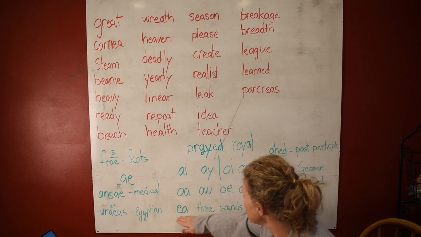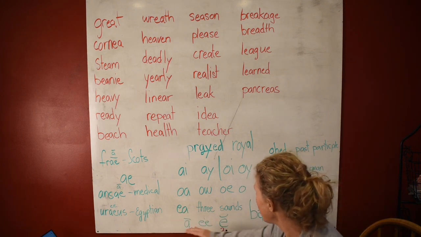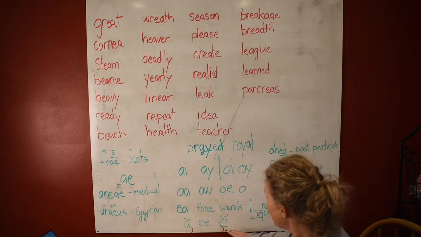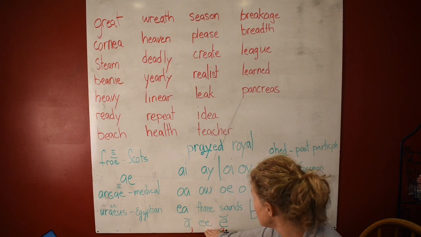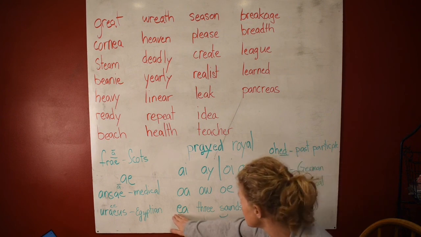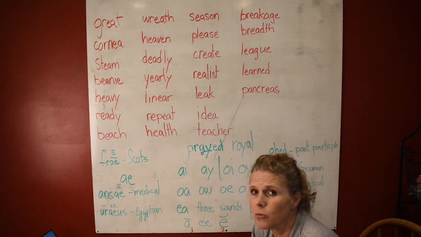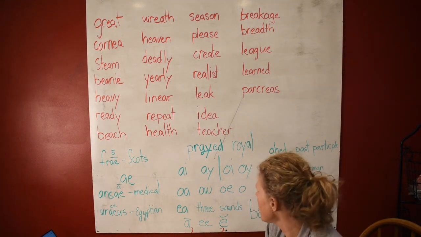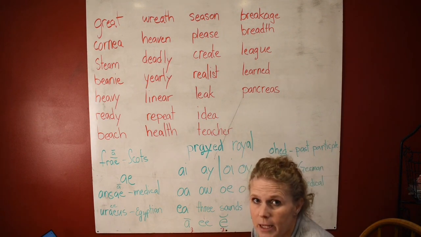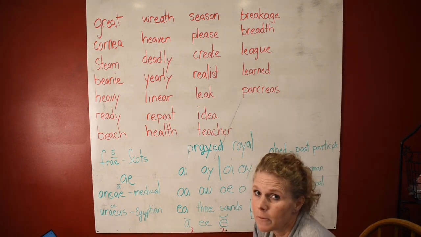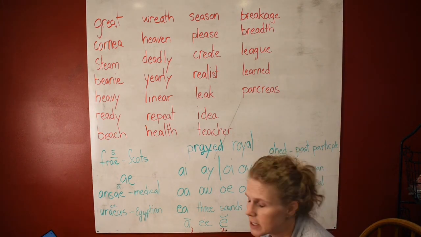And then we have EA, which has three different sounds. It has long A, long E, and short E. And long E is the most used sound in this. When you're trying to figure out which one you should say, there's not really a rule. There's not anything that identifies it except for really studying your words and hearing them and using them as spelling words.